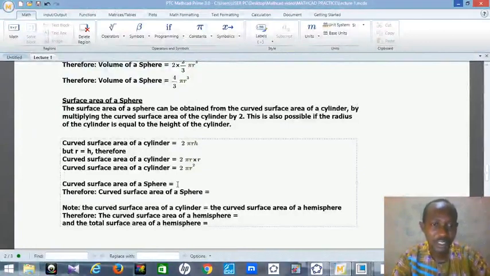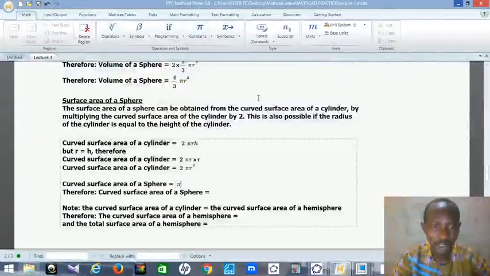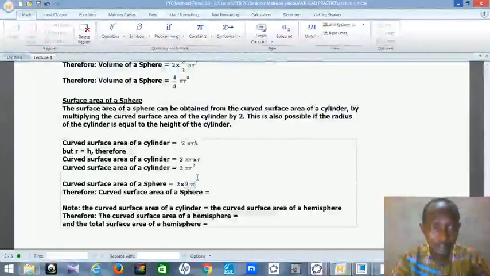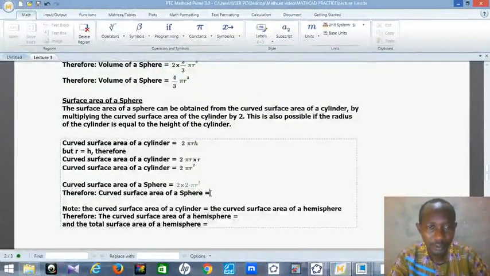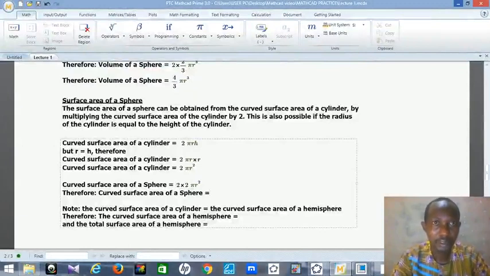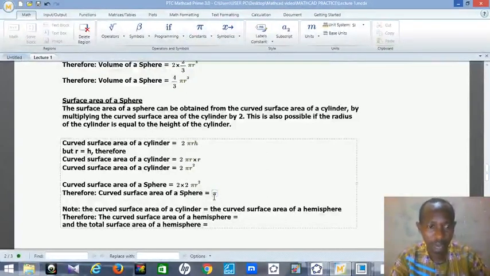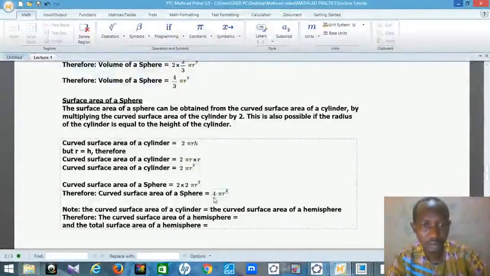So since they are equal, all I need to do is multiply by 2. Just times this by 2. All I need to do here is 2 times 2 pi r squared, which will finally give me this result, which is 4 pi r squared.